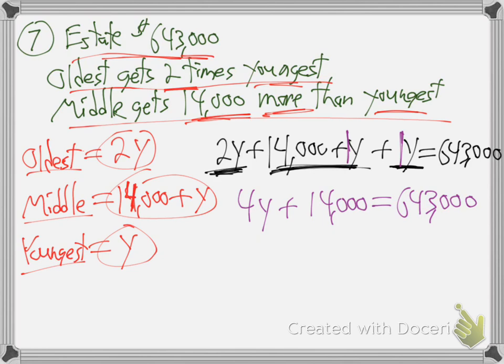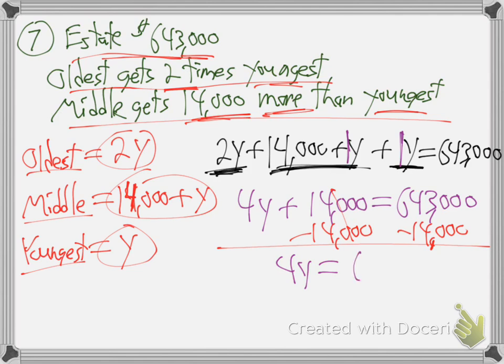What do I do next to solve for Y? Subtract the 14,000. 629, I think. And then divide by 4.